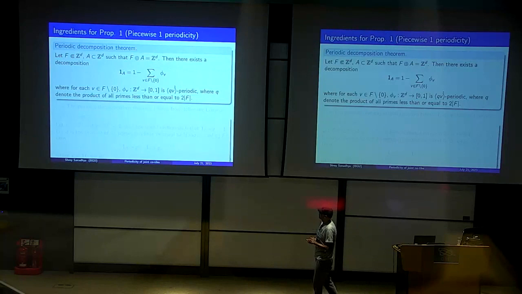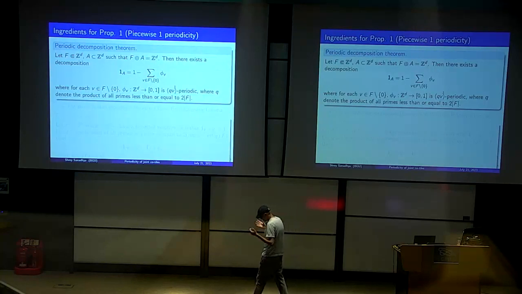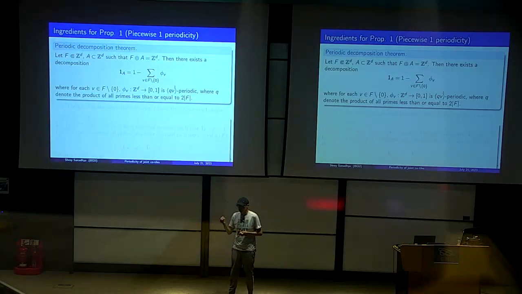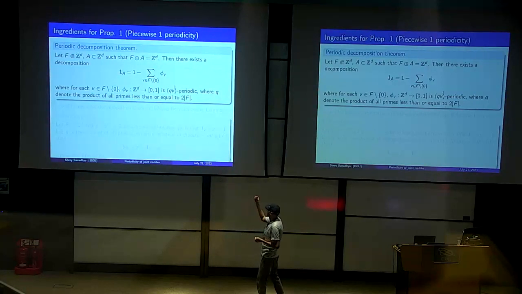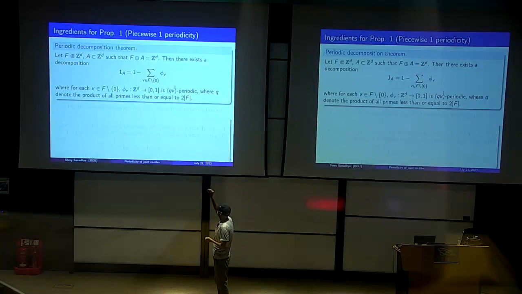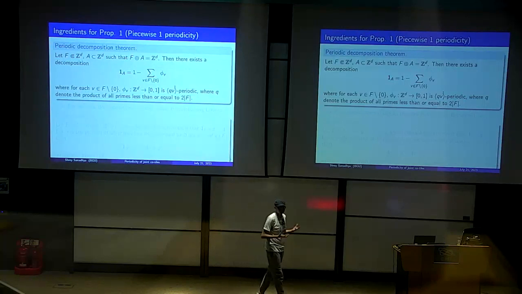So to prove the piecewise one periodicity, the first step is to show that the indicator function of the cotile can be represented as 1 minus some sum of functions Pv, where v is in F minus 0, and each Pv is a function to {0, 1} that is Qv periodic, where Q is a constant.